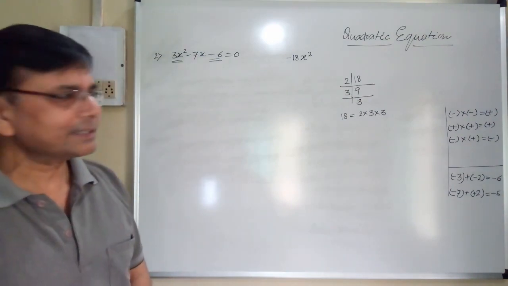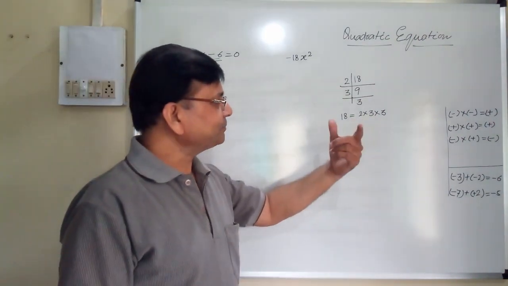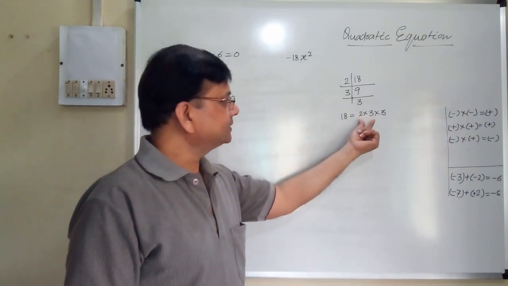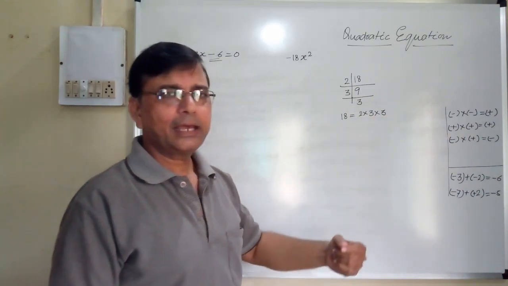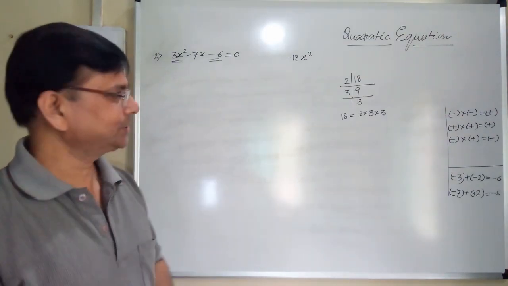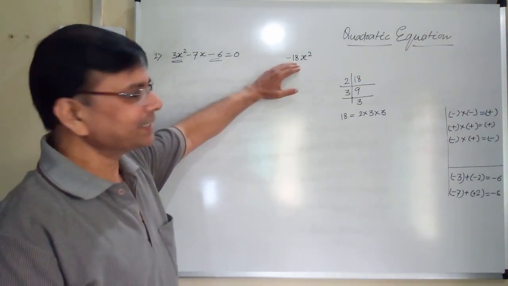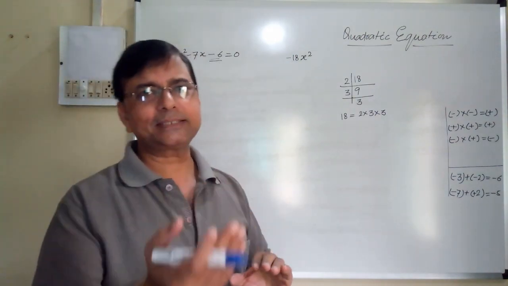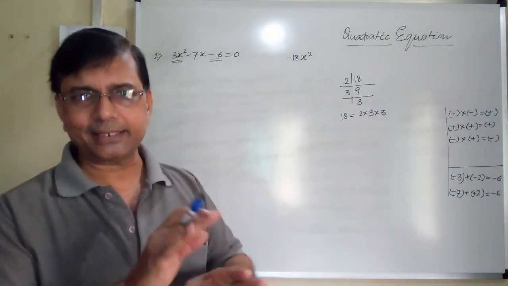If you are making two factors, possible factors are 2 into 9, 6 into 3. If you are taking 6 and 3, product has to be negative. So minus 6 and plus 3 we have to take. Then product will be minus 18.